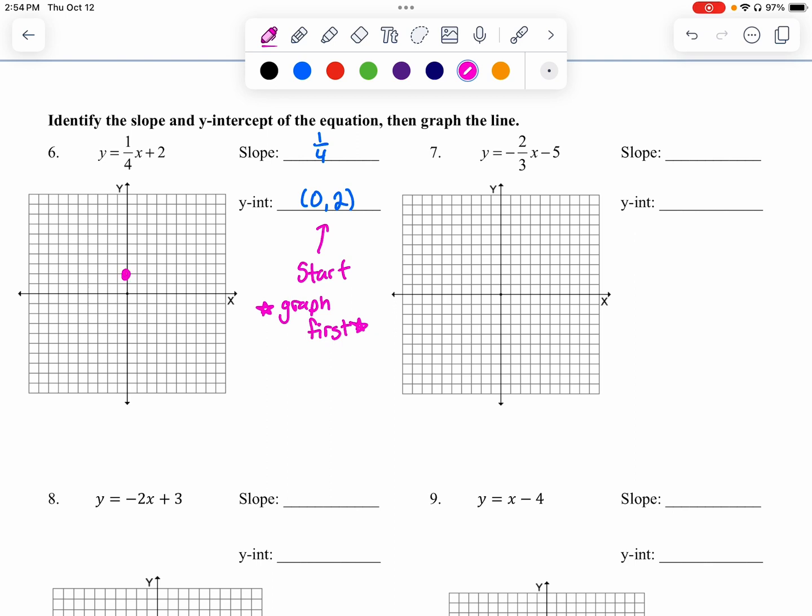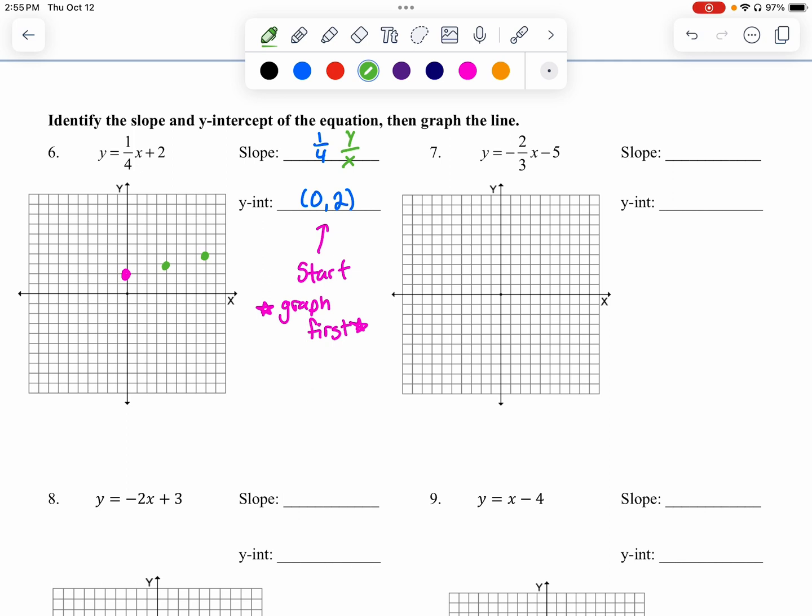And then from there, I'm going to do my slope. So remember, slope is change in y over change in x. So this is telling me I'm going to go 1 in the y direction and 4 in the x direction. And remember, we're going to go from the left to the right. So I'm going to go up 1 and then positive 4. So 1, 2, 3, 4. And then up 1, 1, 2, 3, 4.